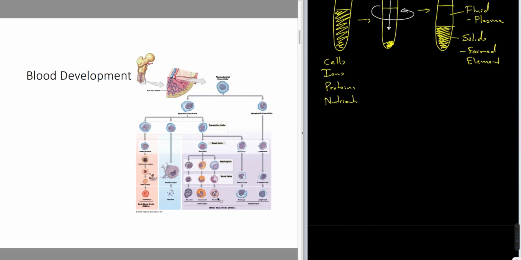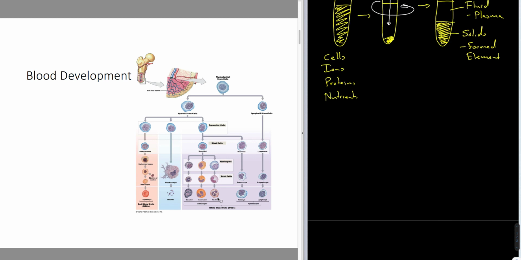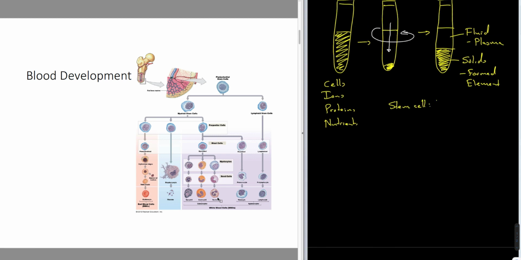I want to now focus on the formed elements. So the stem cell for blood has a couple different names. I use the term hemocytoblast. You can also say this is a hemopoietic stem cell. This is going to create two cell lines.